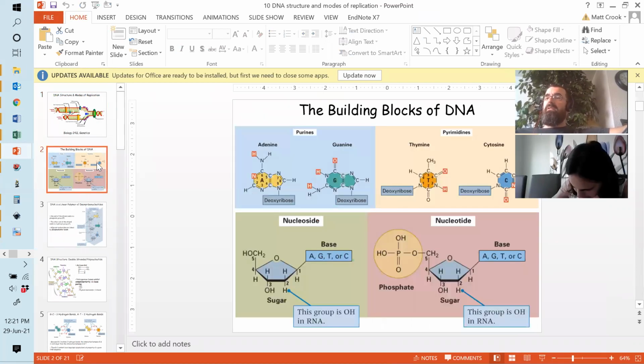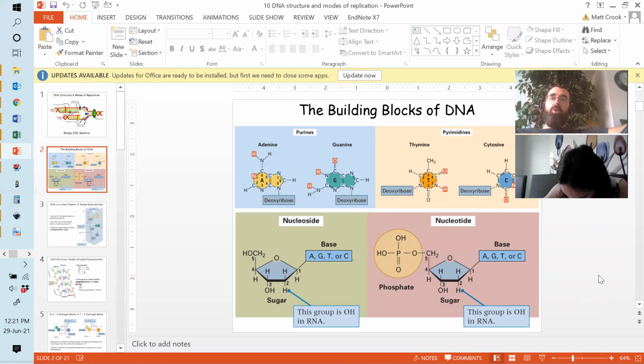Okay, so again, just a little bit of nomenclature, names of things. We have our bases called the nitrogenous bases, two different groups: purines, which have a double ring, and pyrimidines, with a Y in, hence thymine and cytosine, which have the single ring.